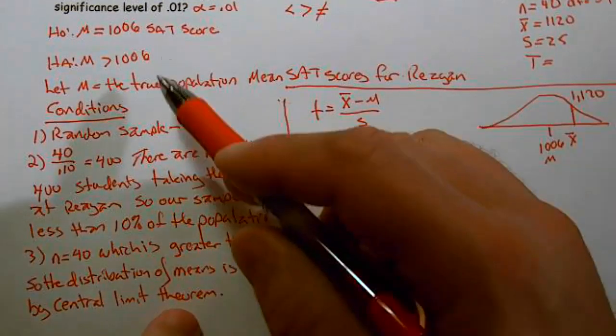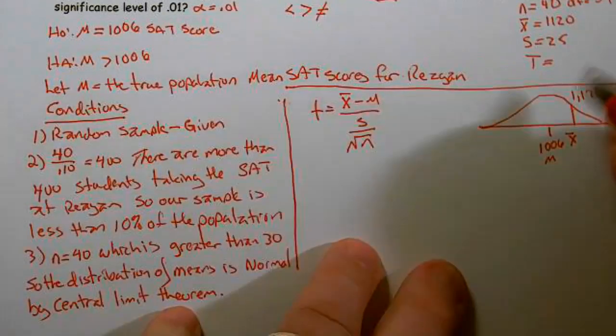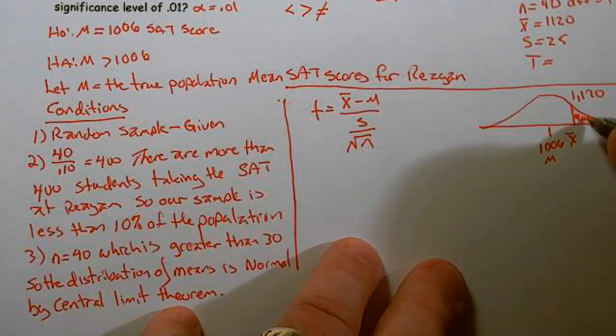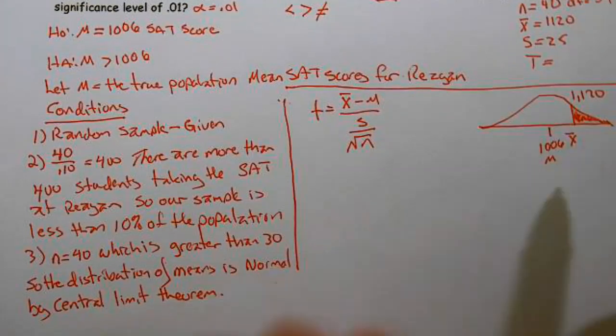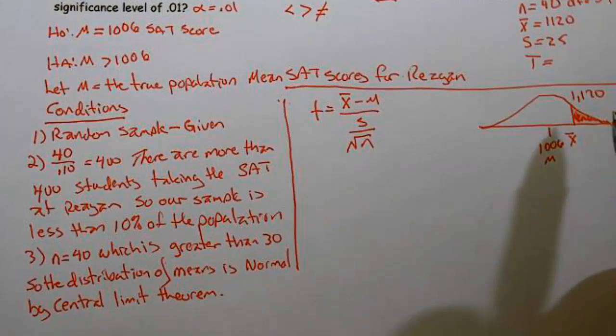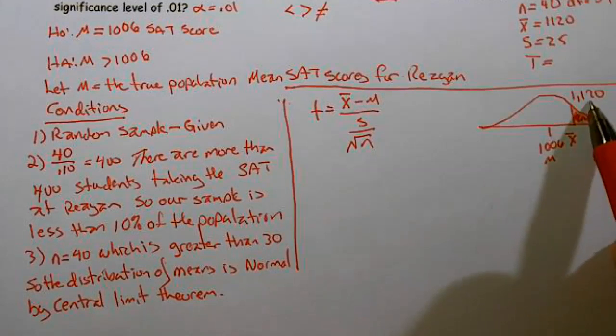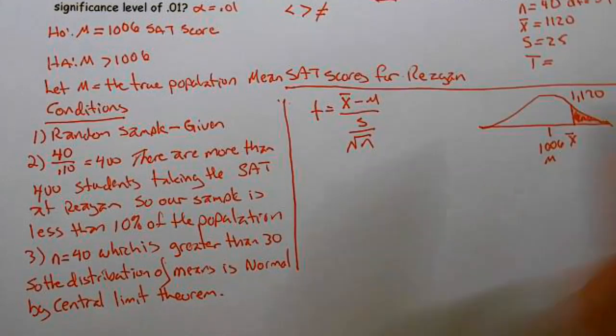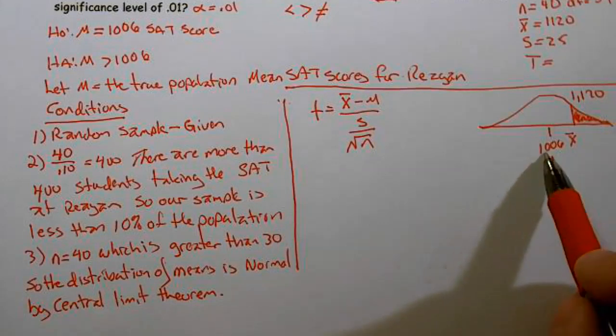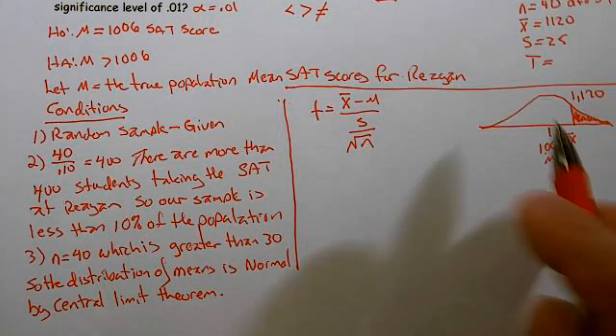And our alternative was shading to the right, so we're going to need to shade to the right. And so we're trying to find out what is the likelihood that we'd get a sample statistic of 1120 or greater if, in fact, Reagan really only has a 1006 SAT score average.